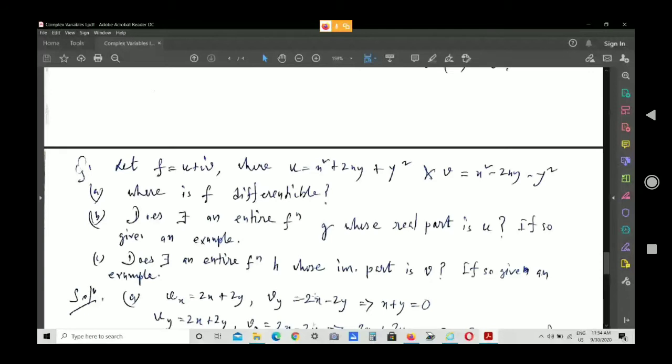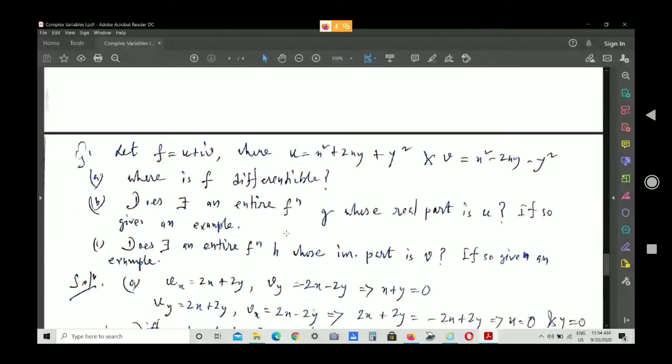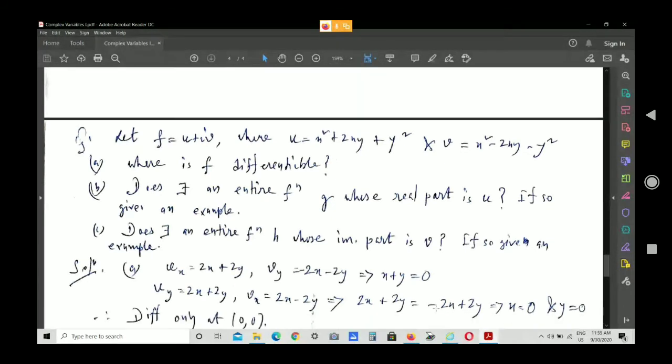Next, you have to show that the other part of the Cauchy-Riemann equation also should be satisfied. That means you have to calculate uy and vx. So uy should be equal to minus vx.